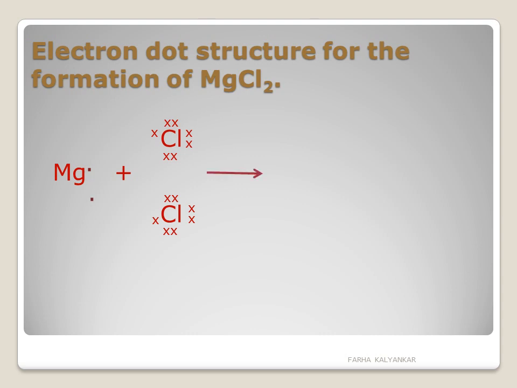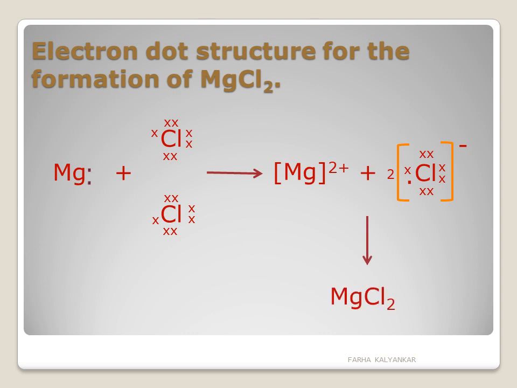Now, magnesium gives 1 electron to each chlorine atom, thereby forming an intermediate step of the formation of cation magnesium and 2 anions of chlorine, thereby leading to the formation of MgCl2.